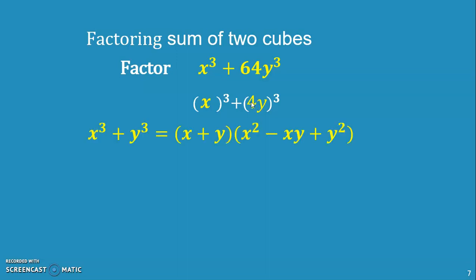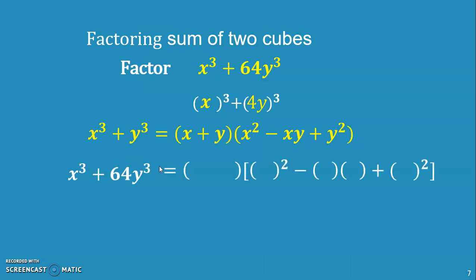Next, supply natin ang missing term. We have the given x cubed plus 64y cubed is equal to, first term natin is x plus the second term is 4y.